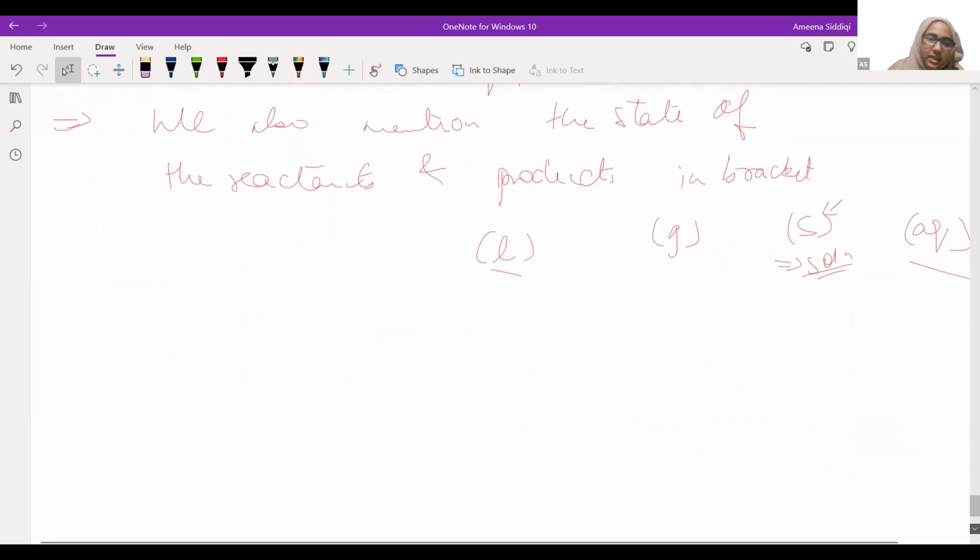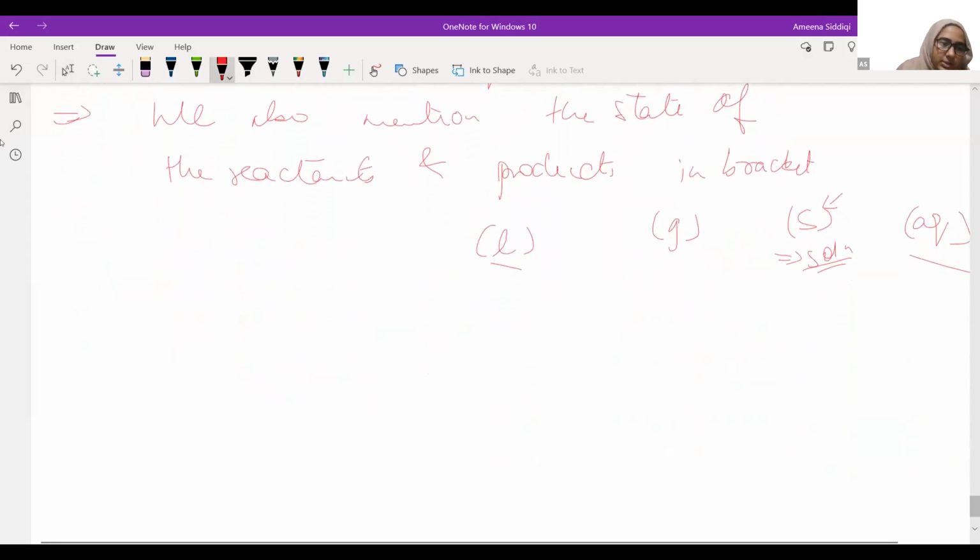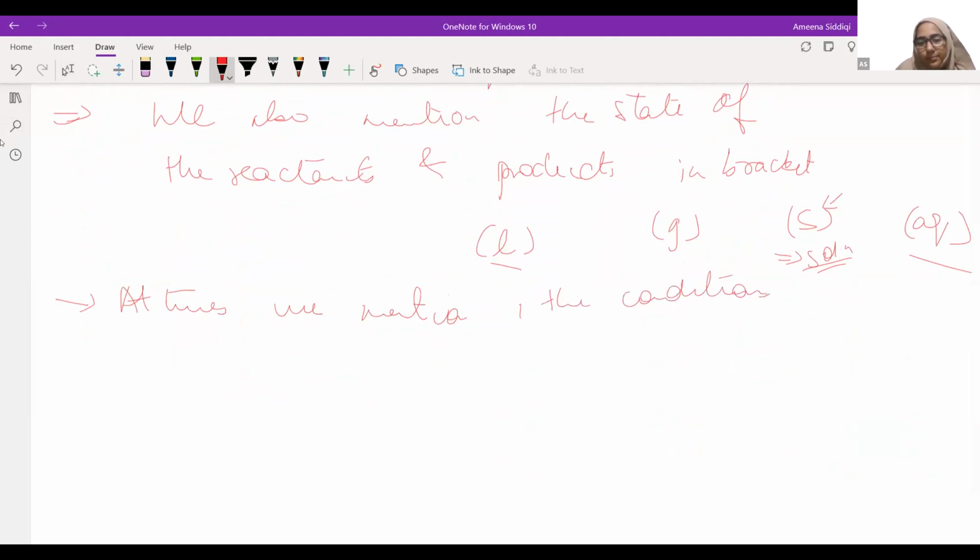One more part that we often see is that at times we mention the conditions required for the reaction to happen, above or below the arrow.